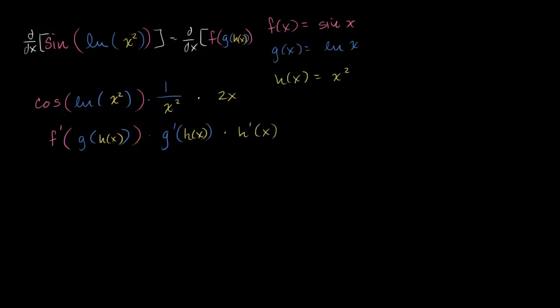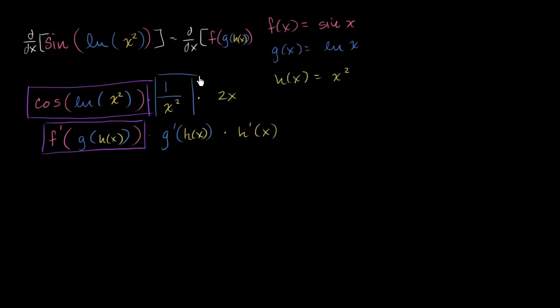What we have right over here in purple and this are the same things, one expressed concretely, one expressed abstractly. This and this are the same thing, and finally this and this are the same thing, expressed concretely and abstractly.